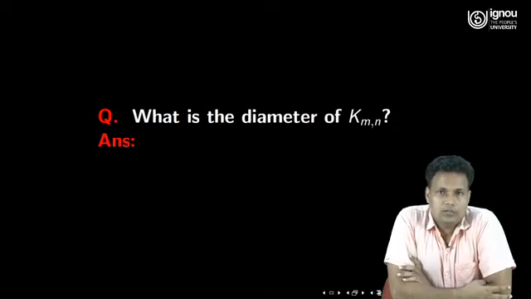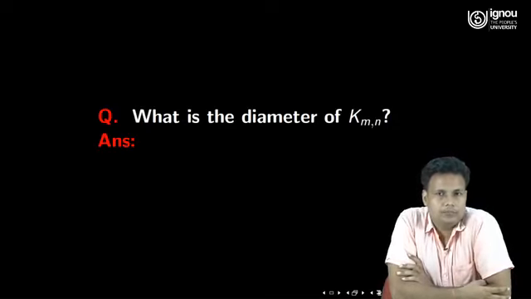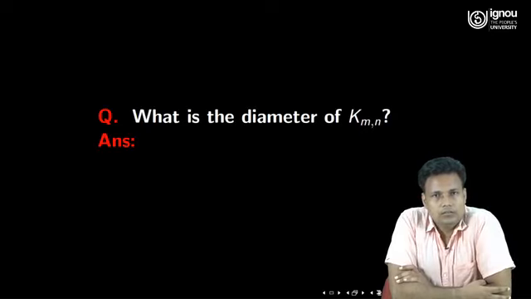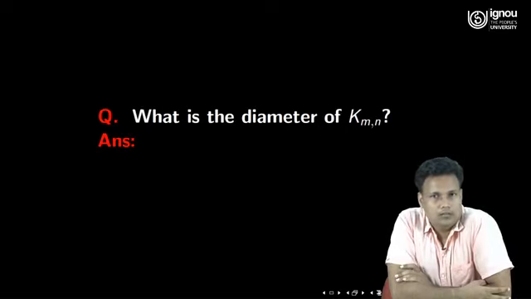Okay, now let's consider a question. What is the diameter of K_{m,n}, the complete bipartite graph on m and n vertices? To find its diameter, we shall consider any two vertices and find the maximum distance between them. Any two vertices of K_{m,n} can be either in one partite set or lie in distinct partite sets.